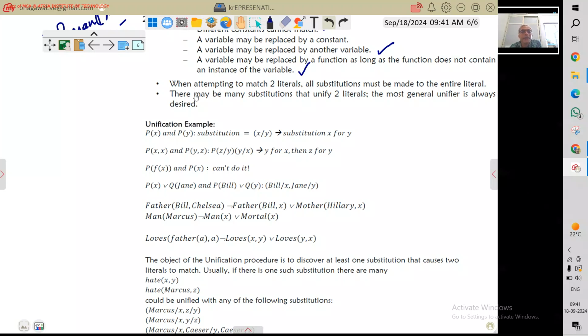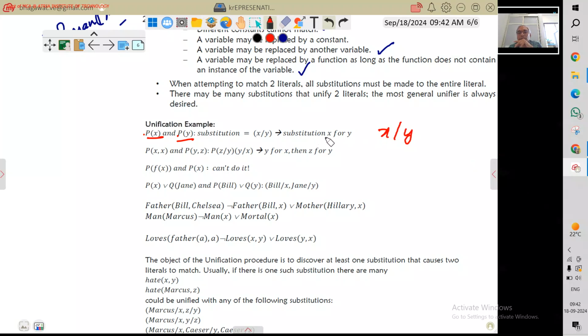If you take the first one, we have p of x, and the other one is p of y. First you see both the predicates. Both the predicates are the same, it is matching. Here p is there and here also p is there. But one is x and the other one is y. To make both the same, we write it in this particular fashion: x bar y.